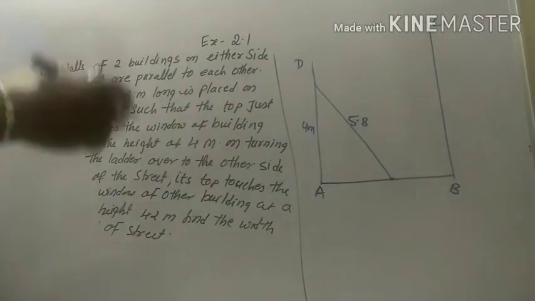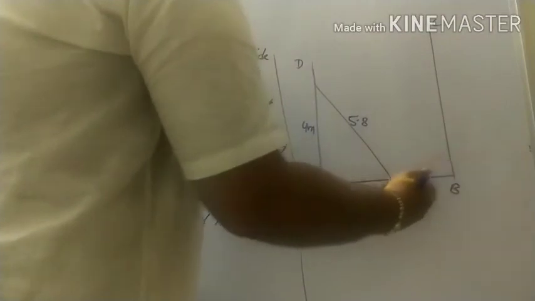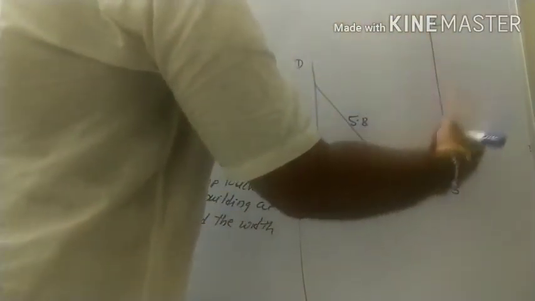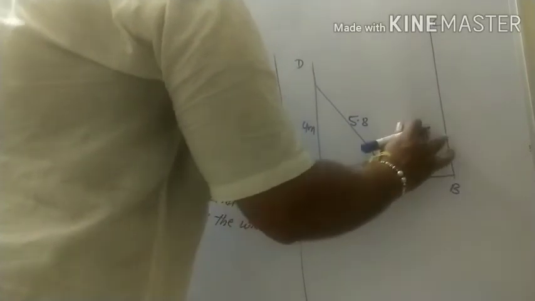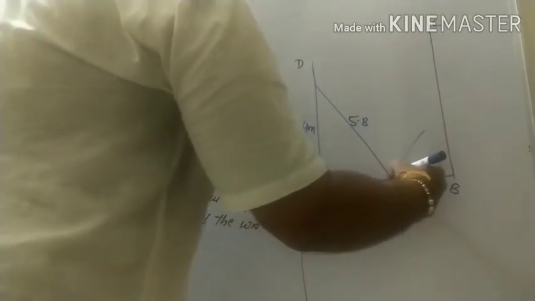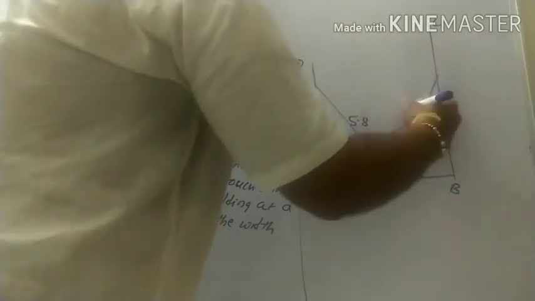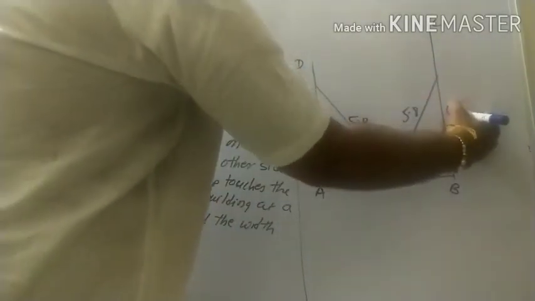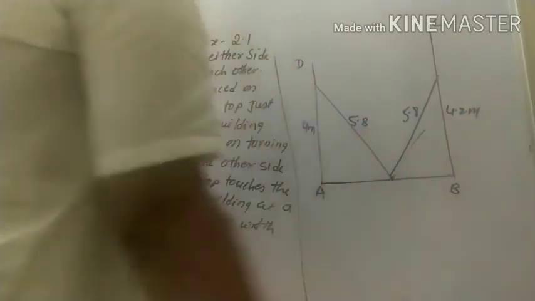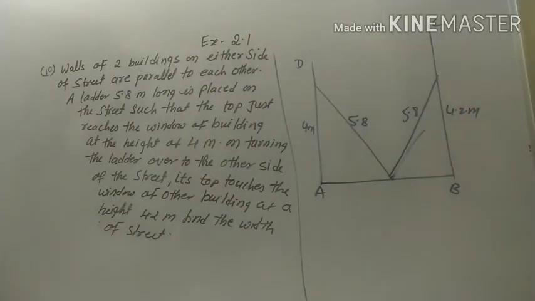Now we turn this ladder to the other side, to the other building's window. Here also it is 5.8, but this time it reaches 4.2 meter. On turning the ladder over to the other side of the street, its top touches the window of the other building at a height of 4.2 meter. Find the width of the street.